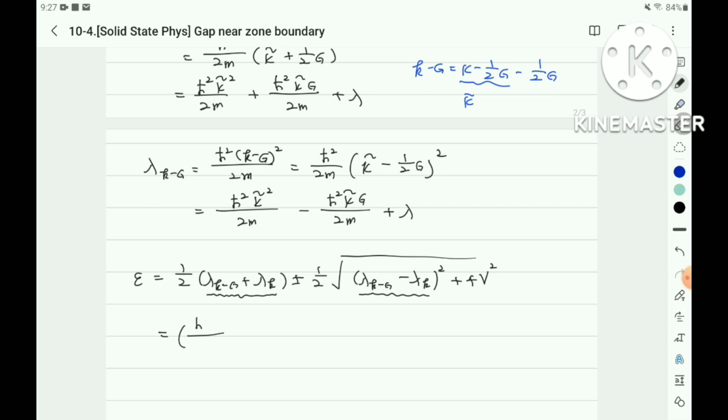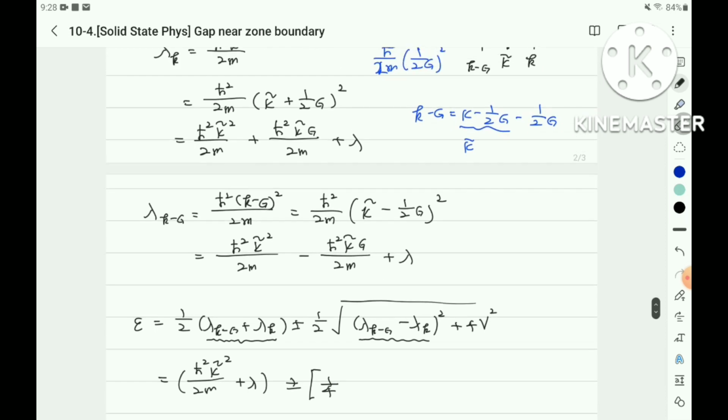Therefore it is h bar square k tilde square over 2m plus lambda, plus minus. When there is one half inserted in the square root, it is one half, and also lambda k minus g minus k.